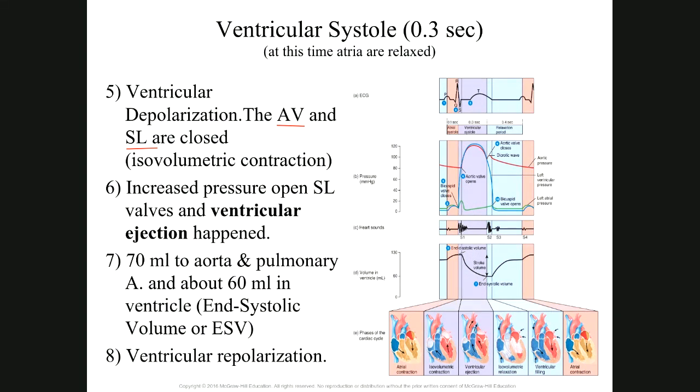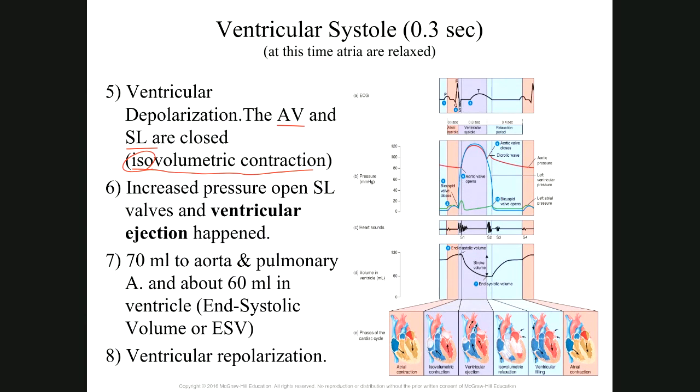This step has a specific name. We call it isovolumetric contraction. Iso means the same. It means that although we go to contraction, the volume of our blood doesn't change because the blood cannot go anywhere.